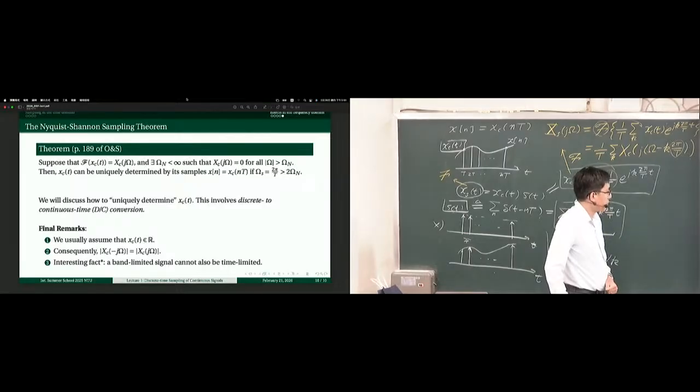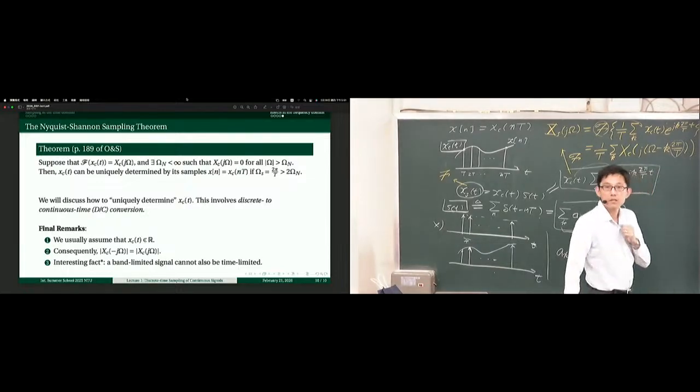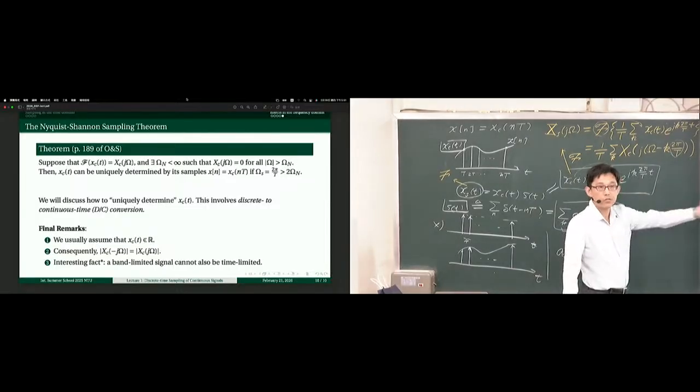And now I have a third remark. It's kind of interesting that when you look at the sampling theorem, we assume that our signal has a finite bandwidth. If your signal has a finite bandwidth, then sampling at a sufficiently high sampling rate, 2 times higher, you'll be fine.